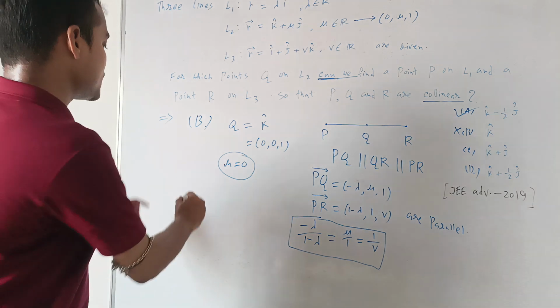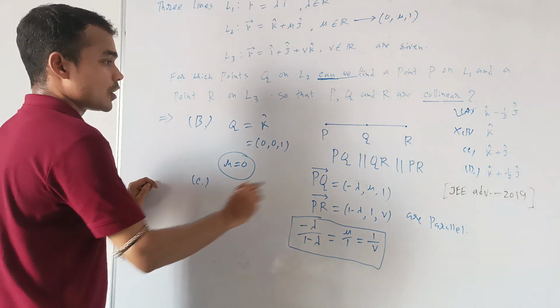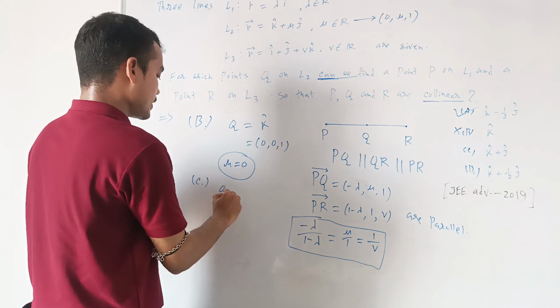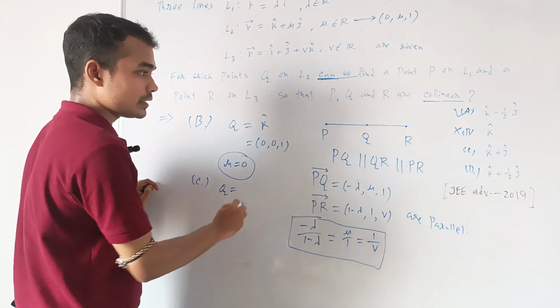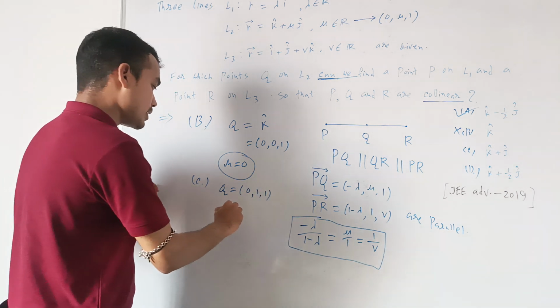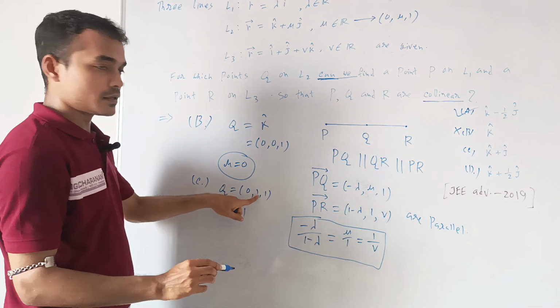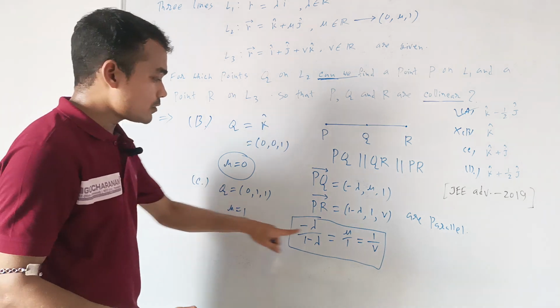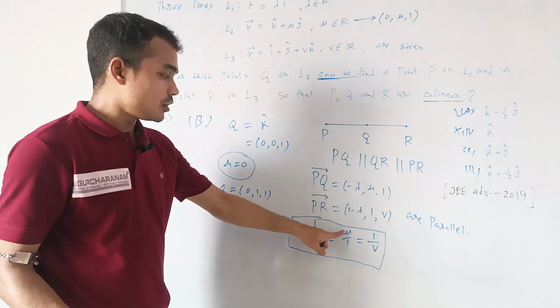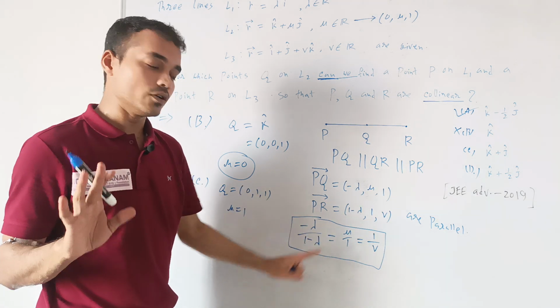Okay. Now check option C. Option C is k plus j. So the Q vector in coordinate point form is 0, 1, 1. So what is the value of mu? Mu value is 1. If we put mu equal to 1, does this relation satisfy or not? If we put mu equal to 1, v is equal to 1, no issue.